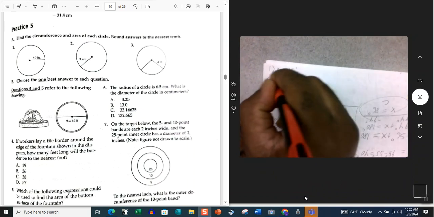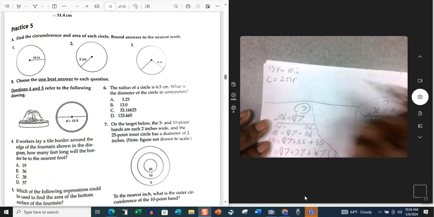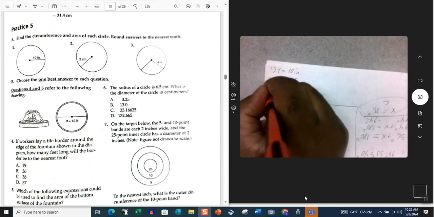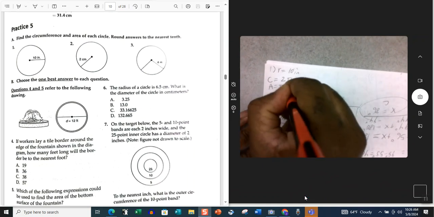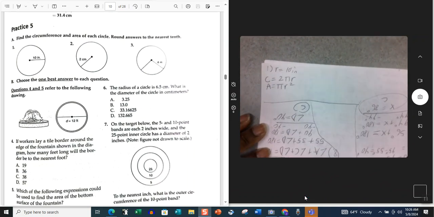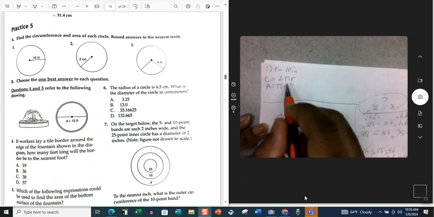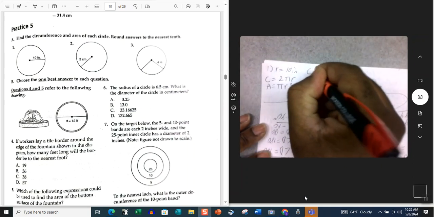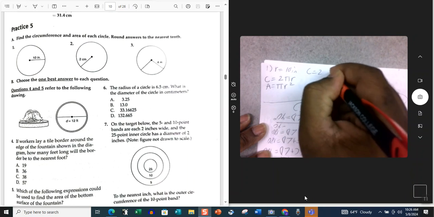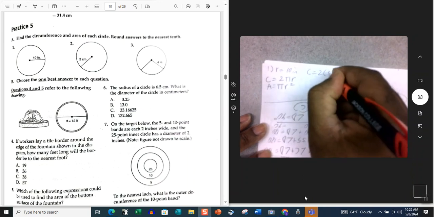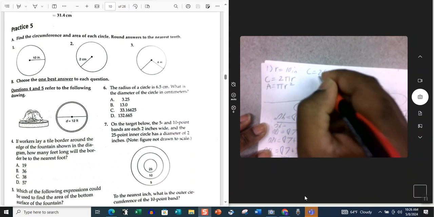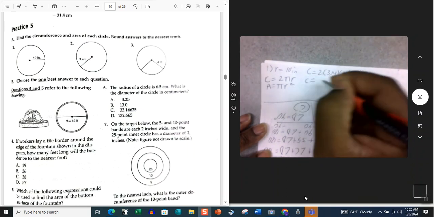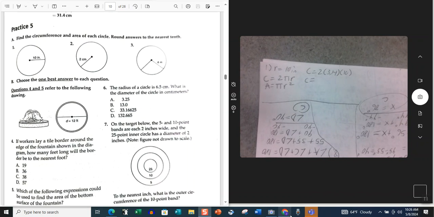So circumference is equal to 2 pi r, and our area is equal to pi radius squared. Now we're going to substitute. For circumference we have 2, remember pi is approximately 3.14, and our radius is 10. Now we can put this in our calculator.